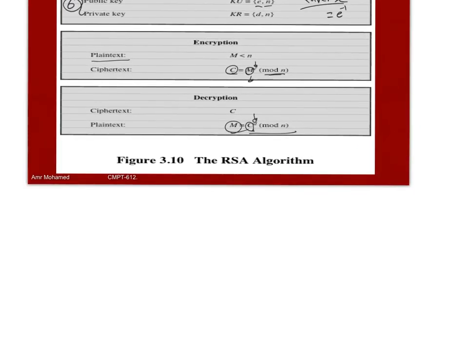The proof for this is systematic. We know that c to the power d mod n, where c is m to the power e mod n, and this whole thing is to the power d, mod n, is supposed to be m.